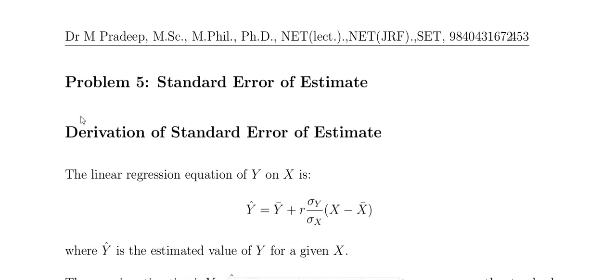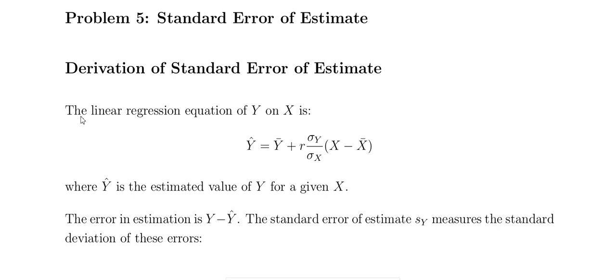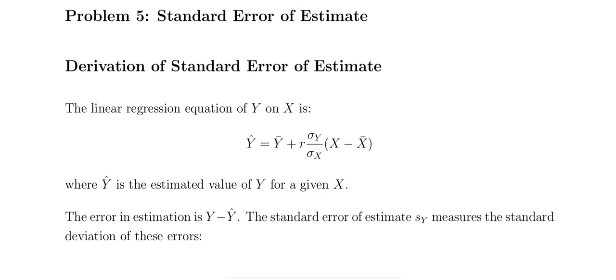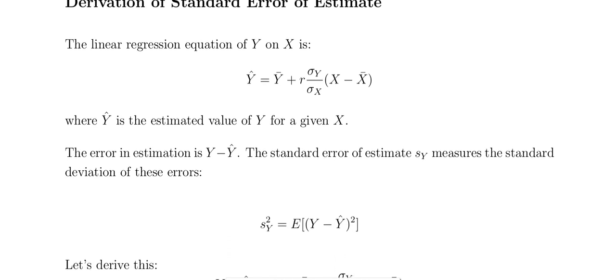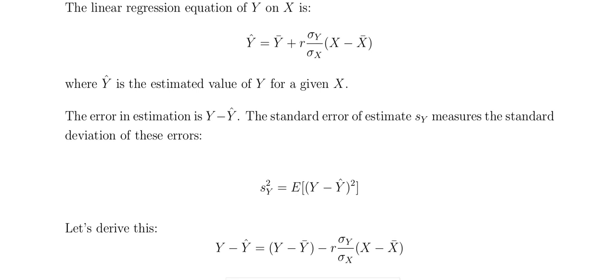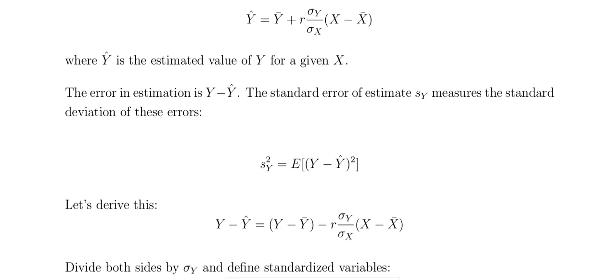Okay. And the standard error of the estimate. The linear regression equation y on x is y cap equal to y bar plus something. Y cap is the estimated value of y for given x. The error estimation is y minus y cap.